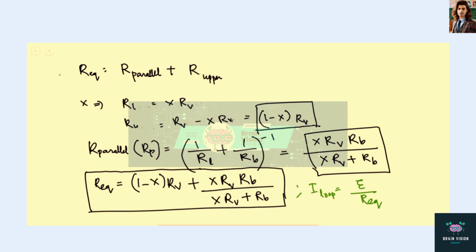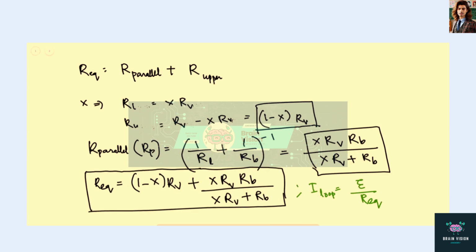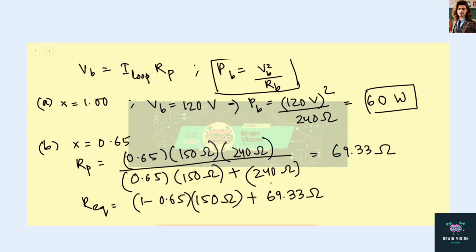Therefore, the equivalent resistance, using this equation, will come out to be 1 minus 0.65, which is X, times R variable, which is R_V, and that's 150 ohms, plus 69.33 ohms, which is R_P, and that we already calculated here, so we don't need to do that all over again.